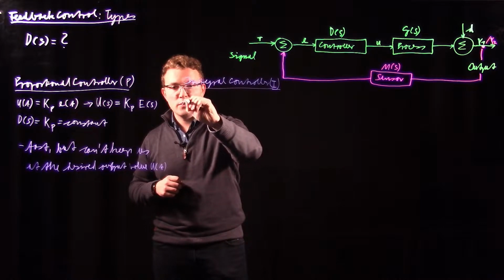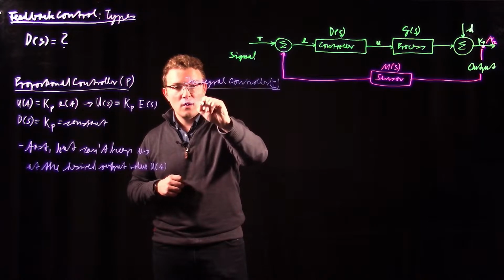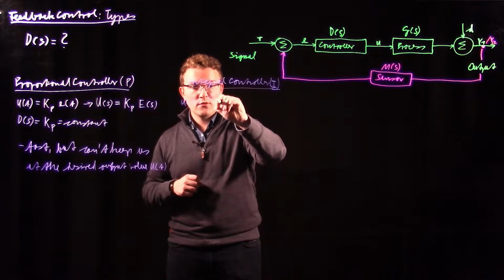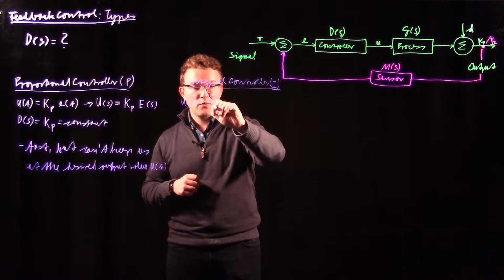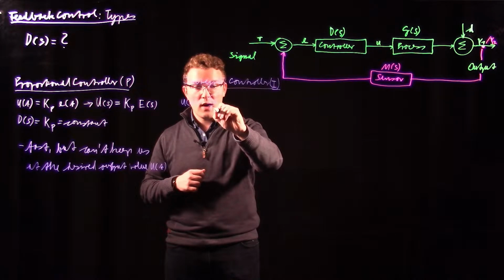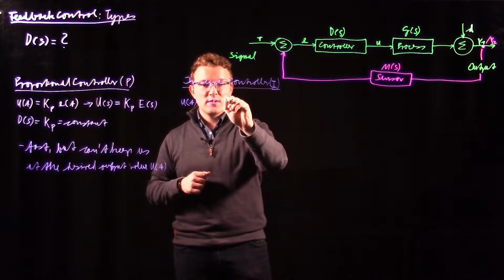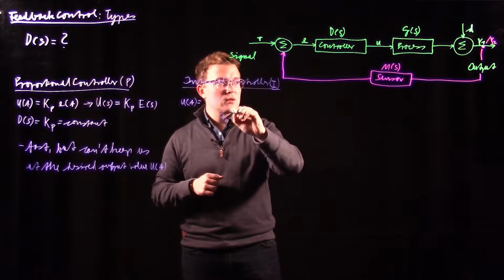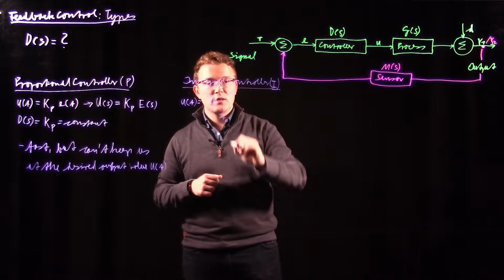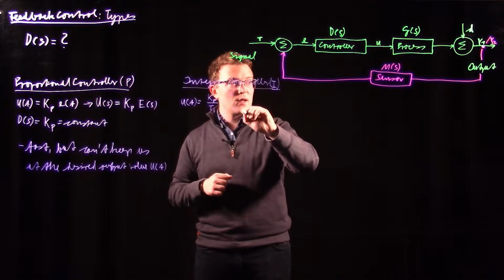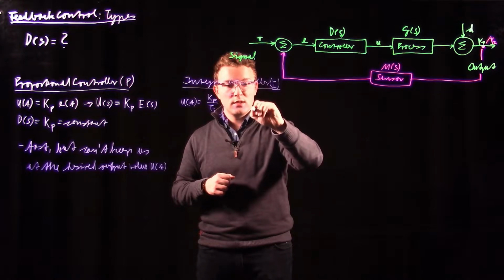So the output u(t) of our controller will be a constant factor Kp divided by a so-called time constant Ti, times the integral from t0 till the current time t of our input e, closed with dt.